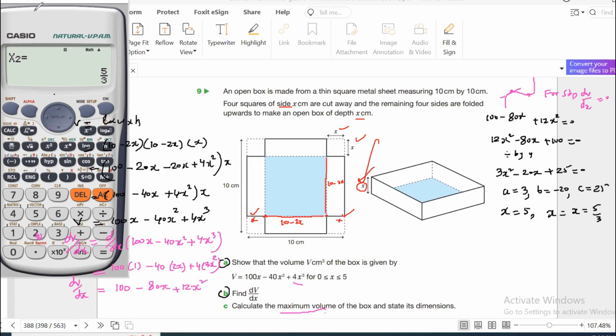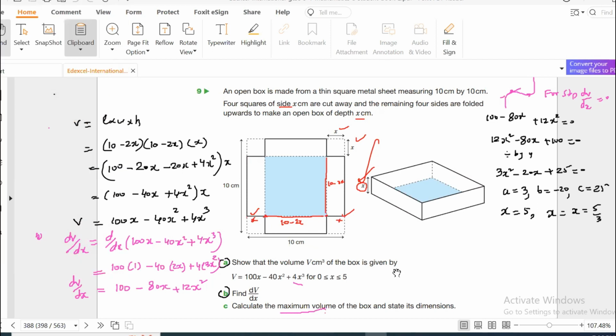So one value will give us the maximum, one the minimum, and we have to figure it out. So see here, for x equal to 5, if we replace back in the equation, V equals 100x minus 40x squared plus 4x cubed. We are looking for the maximum value.